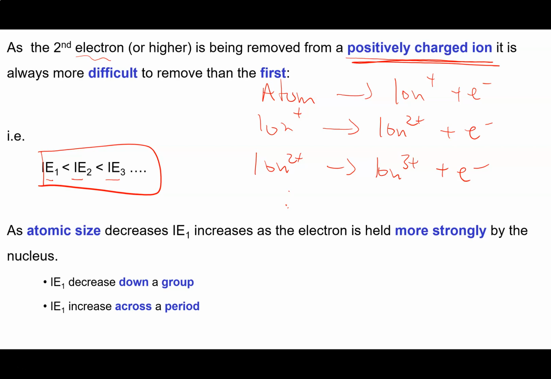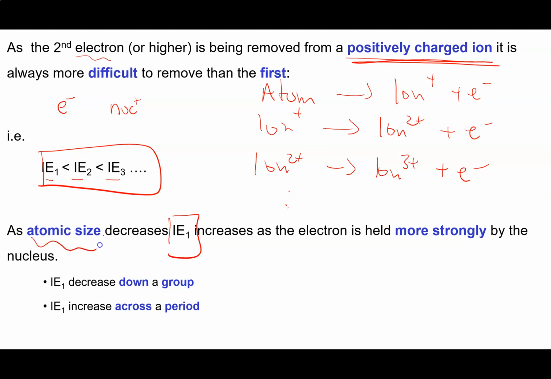Now, there's a pretty simple pattern in the sequence of IE1. The closer that the electrons are to the positive nucleus, the harder they are going to be to remove, because remember, the electrostatic interaction increases as distance decreases.